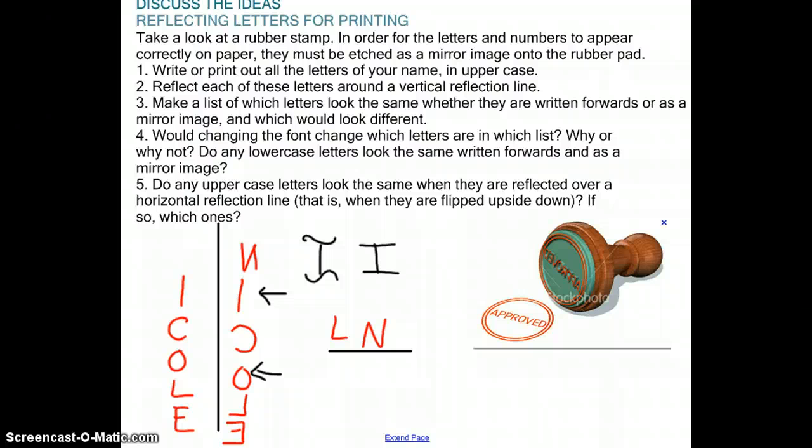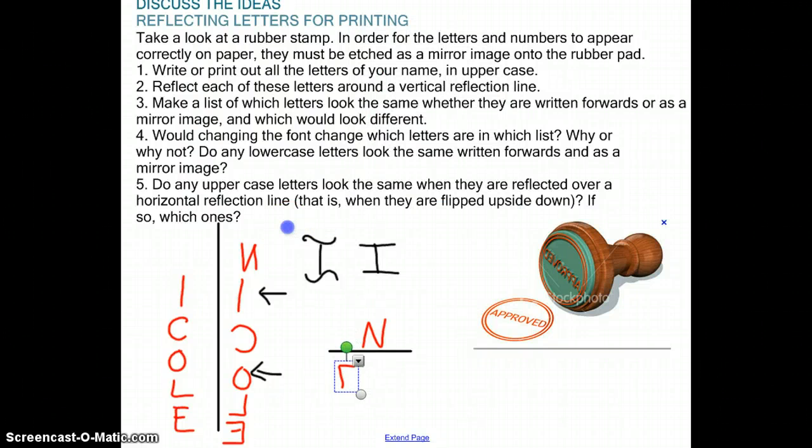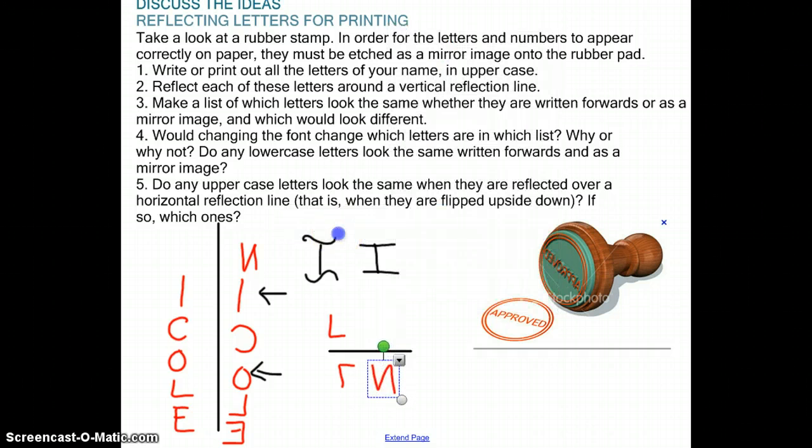So to do this, I'm going to take the L and the N from my name, and I'm going to flip them. So that one changed from a regular L to an L like that, and the N changed from a regular N to an N like that.